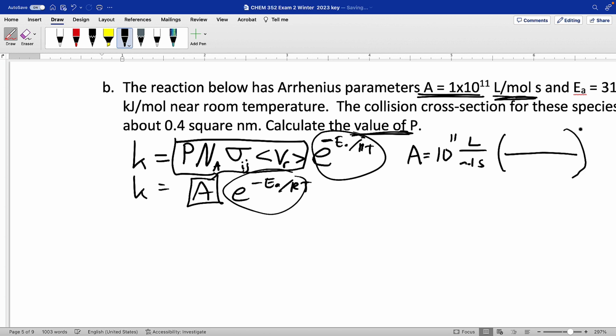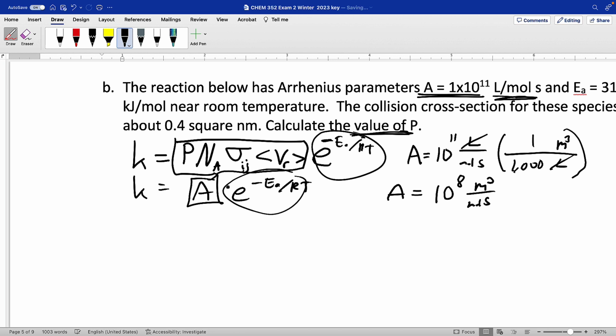So let's get rid of liters, put meters cubed, and there's 1,000 liters in a meter cubed, and now we've gotten rid of liters. So we can see that this is going to end up being 10 to the 8th meters cubed per mole per second. Okay, so we have our A factor.